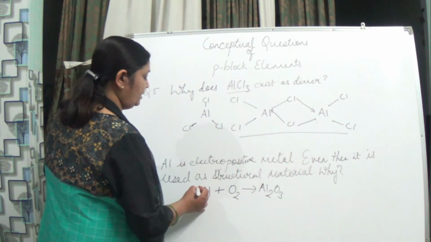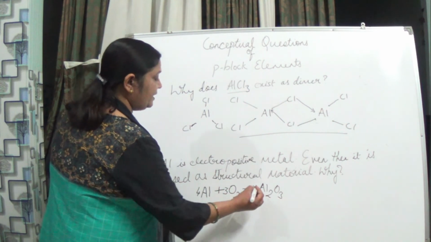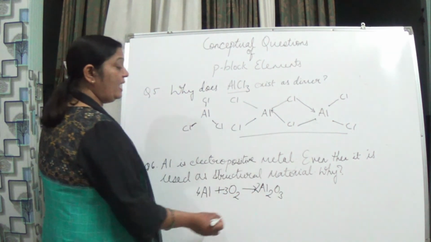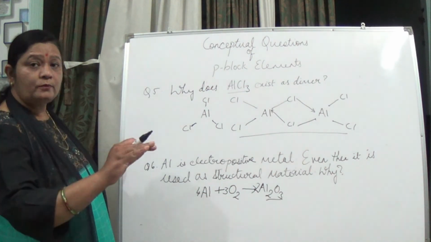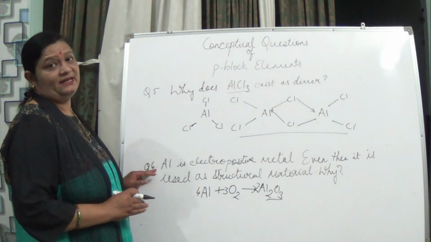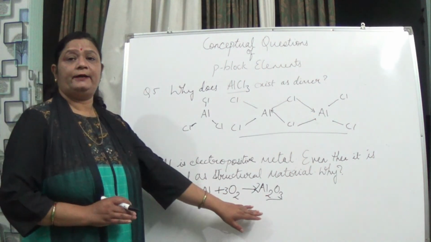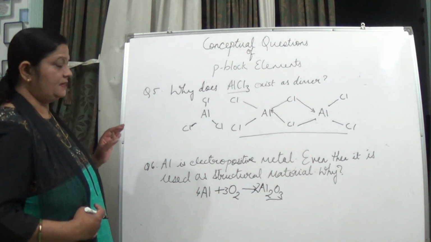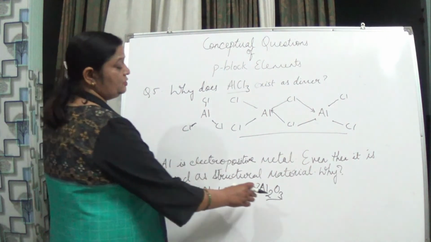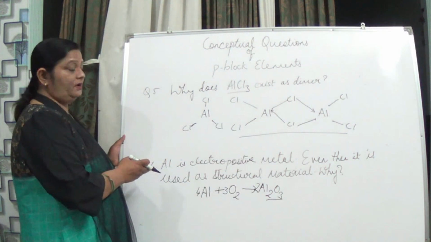As soon as this aluminium oxide is formed, a layer is formed on the aluminium metal. This is a tough layer, and it cuts off the aluminium from other substances, because it is too durable in nature, and it makes it unreactive.